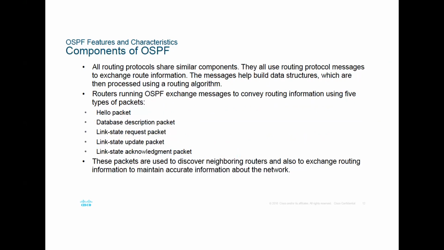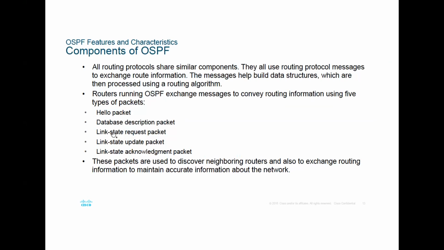Components of OSPF. All routing protocols share similar components. They all use routing protocol messages to exchange route information. The messages help build data structures, which are then processed using a routing algorithm. Routers running OSPF exchange messages to convey routing information using 5 types of packets. First, hello packet. Second, database description packet.